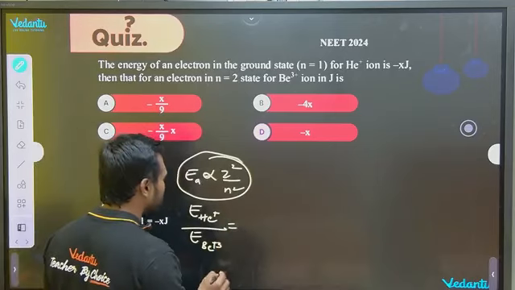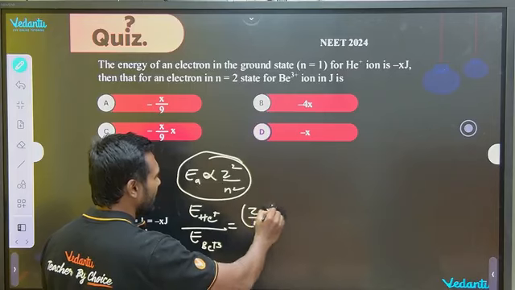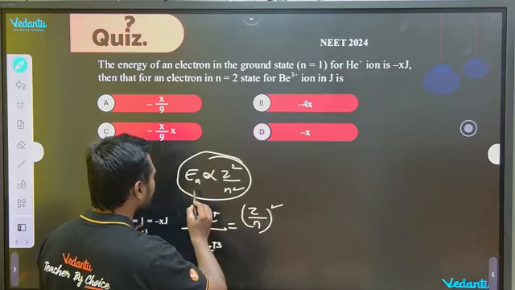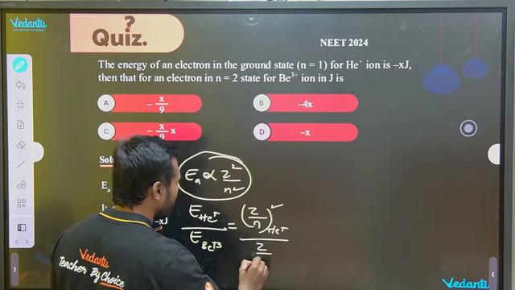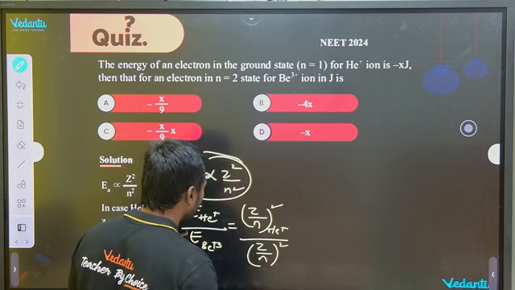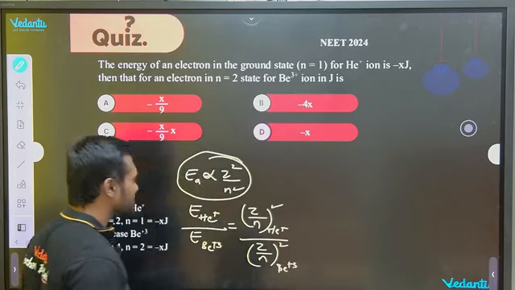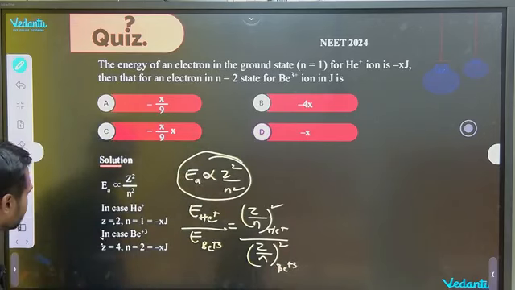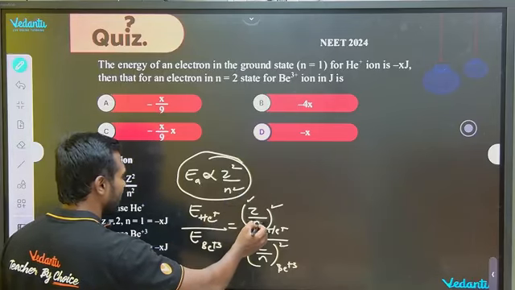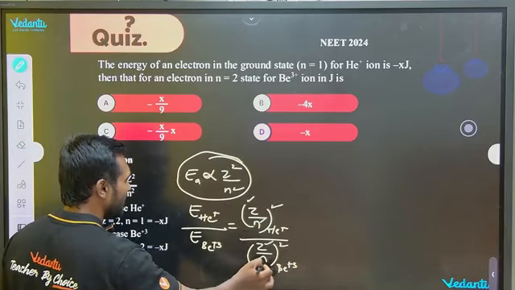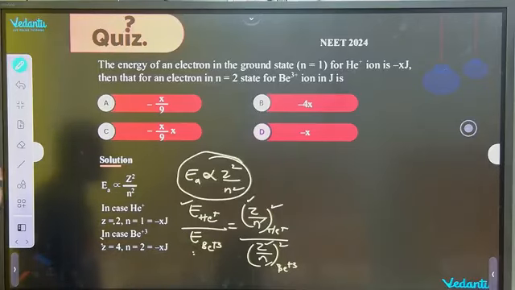Then you are going to get Z by N whole square of helium plus, and Z by N whole square of beryllium 3+. So from this you will get the answer, simple. Here we have the Z value and N value, here also the Z value and N value, and you have to find this value, simple.